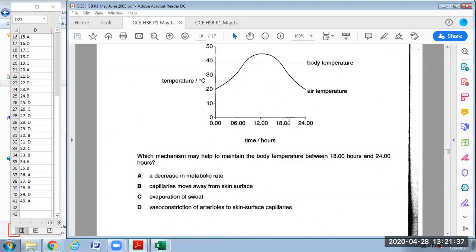Now, if you look at this time frame here, you realize the air temperature dropped. So that means it's colder. So if it's cold, your capillaries are going to get narrow, which is vasoconstriction. If less blood flows to the area, less heat is lost. You want to keep the heat in the body since the temperature is low. So that's why it's D.